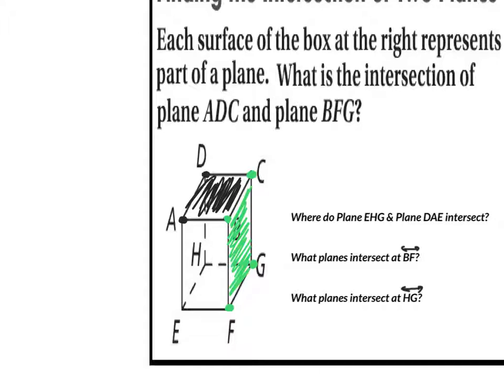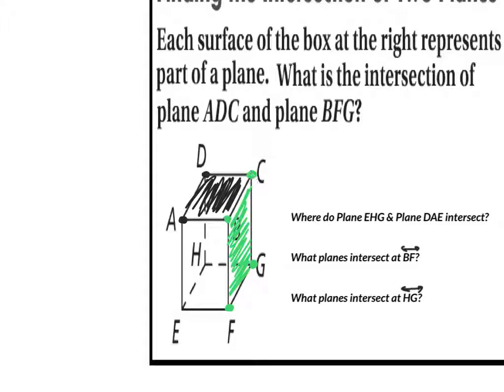The first thing you have to remember is, when two planes intersect, they intersect at a line. So where is the line that they intersect? As you look at this picture, we see the right side of the box and the top of the box. The right side and the top are going to intersect at the top right corner.